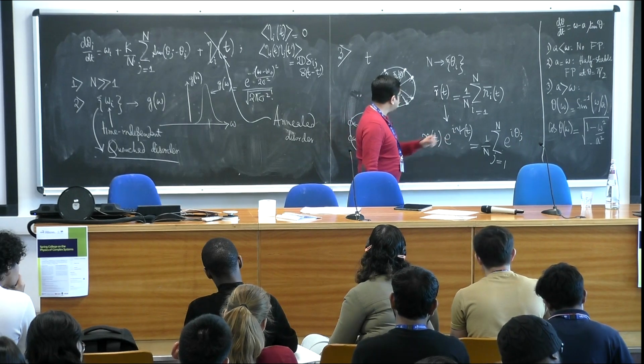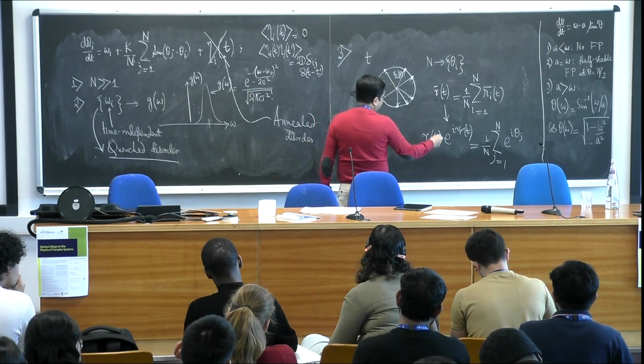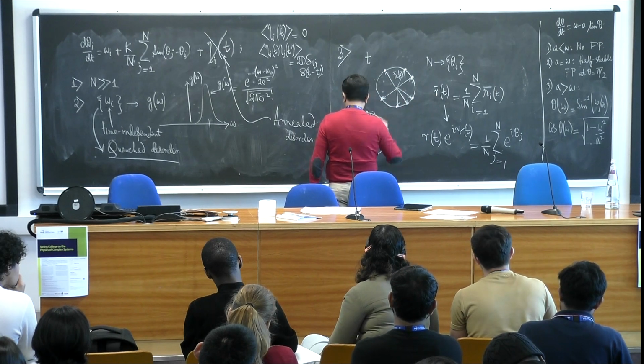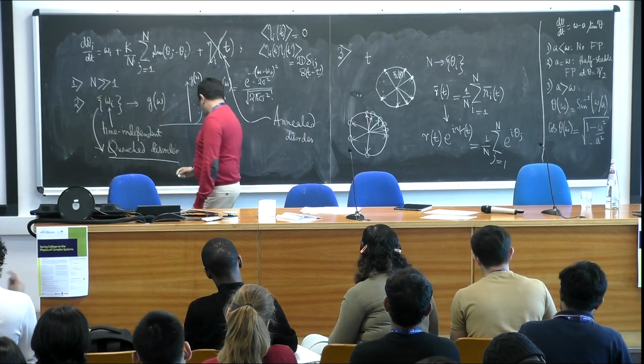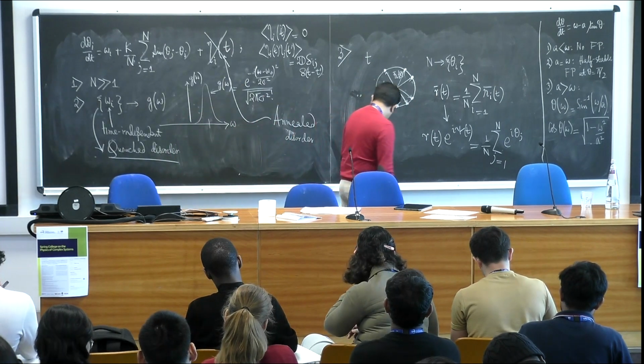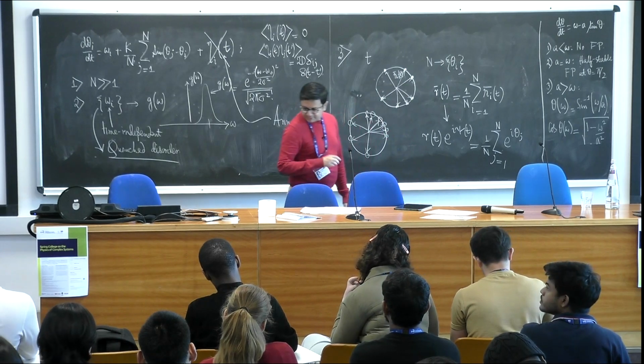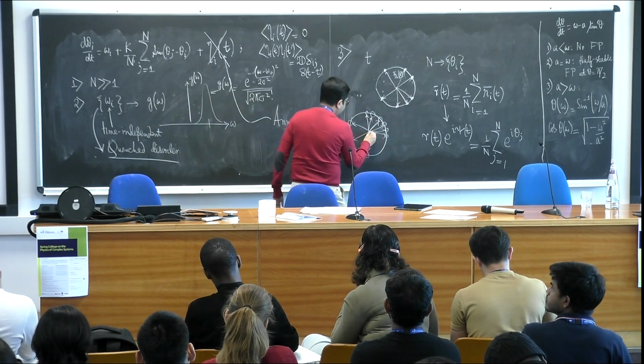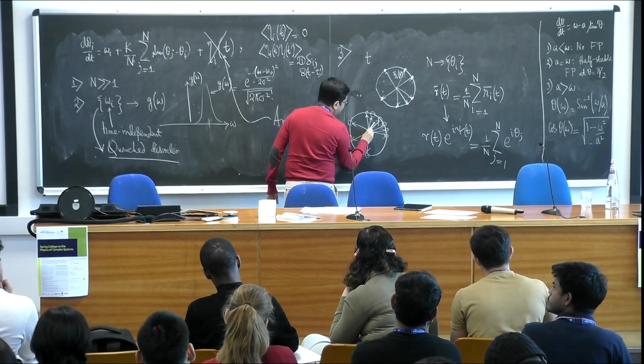So what is this psi in terms of this thing? So psi would mean this r of t, this is the resultant vector. Let's say here the resultant vector would be somewhere here.